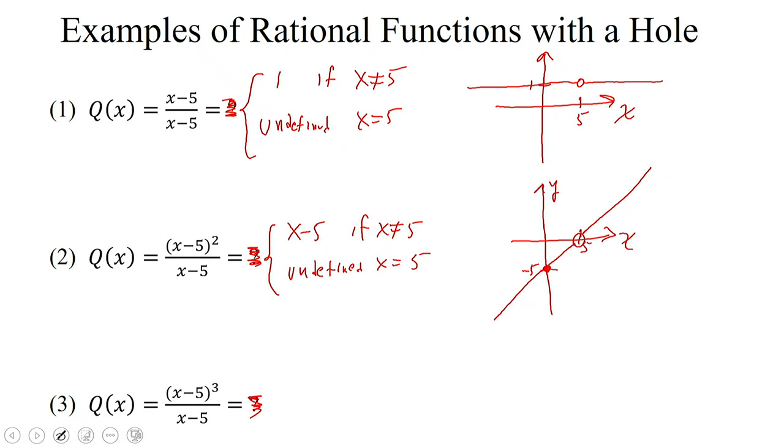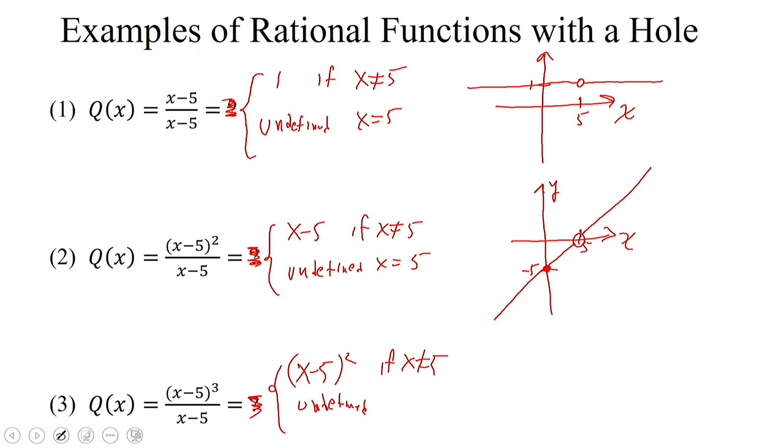Finally, the last example, (x minus 5) cubed over (x minus 5). So in that case, it's going to be (x minus 5) squared if x doesn't equal 5. Otherwise, it's undefined. So what in the world does that graph look like?